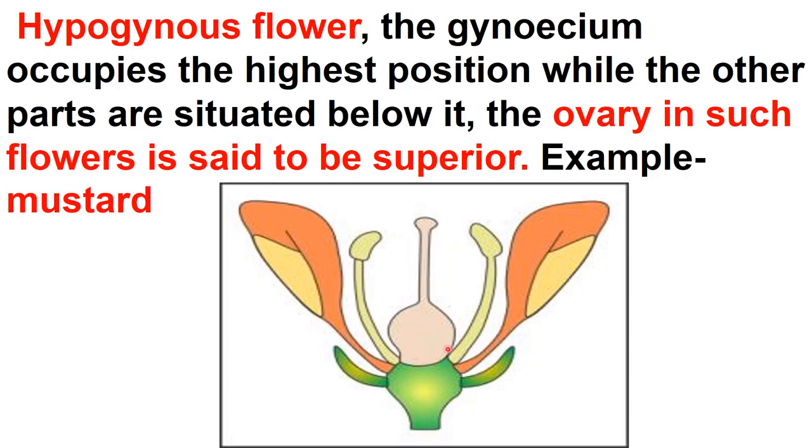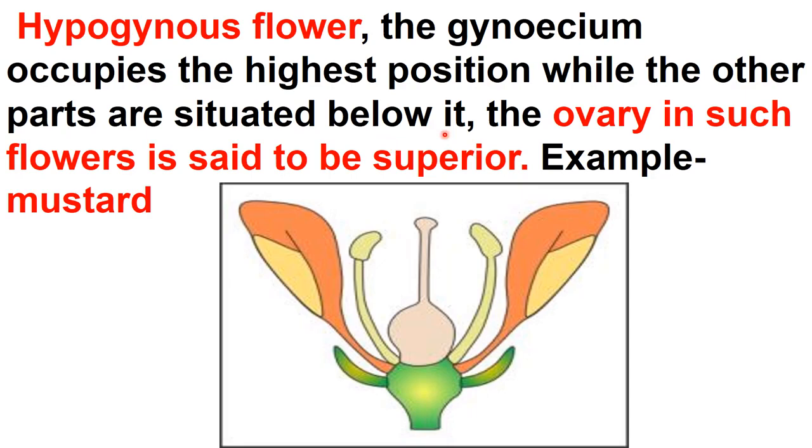Okay, and all other parts like this androecium, okay, this is anther and filament, the complete, we can say this is androecium. Okay, so this androecium, these petals means corolla, and these sepals means calyx. So androecium, calyx and corolla all are present below the ovary.